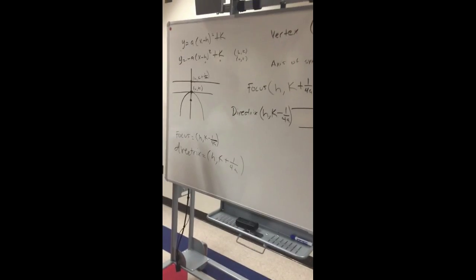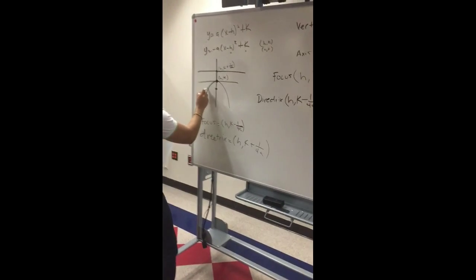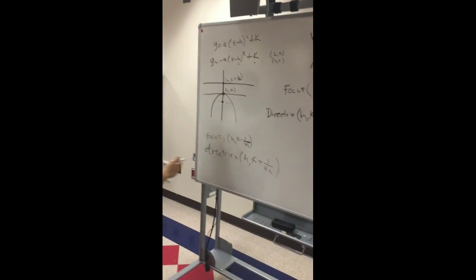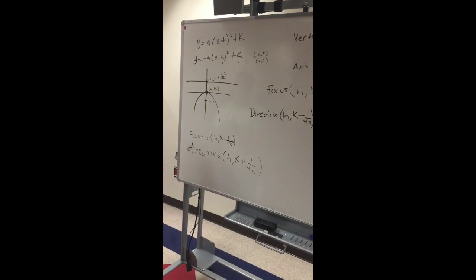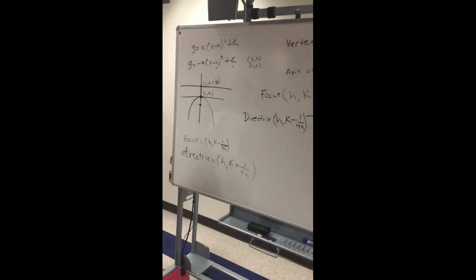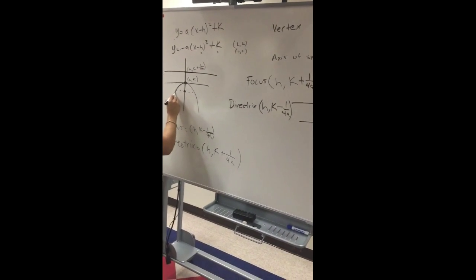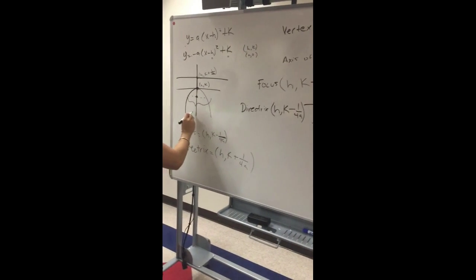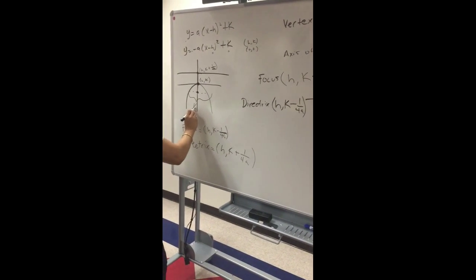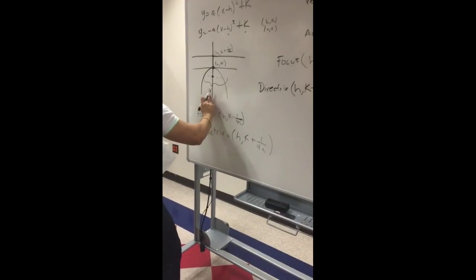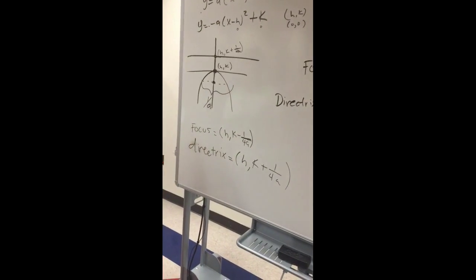Now the latus rectus is going to be the same. The distance from here to here is going to be 1 over 8.